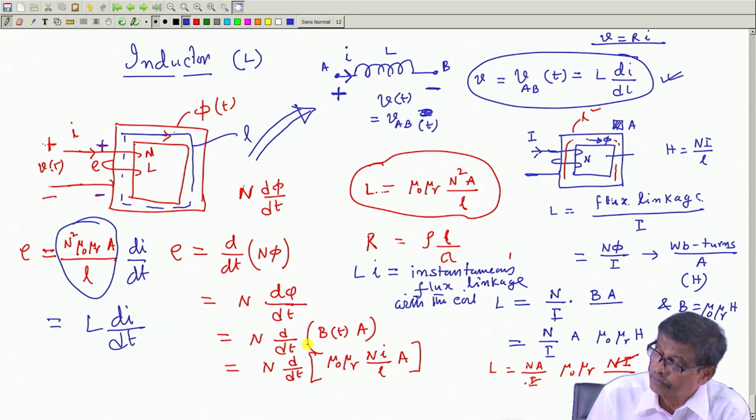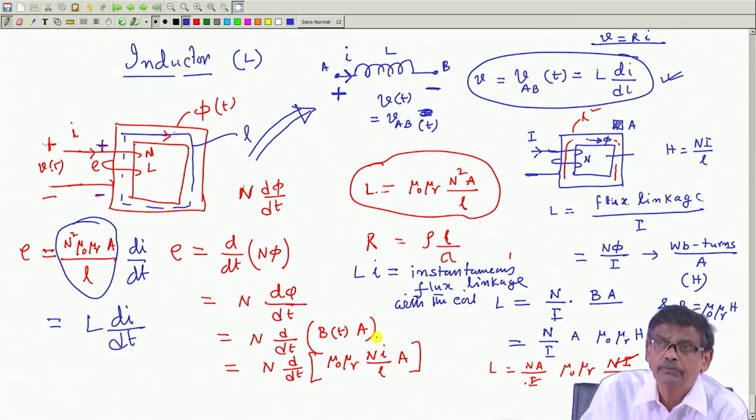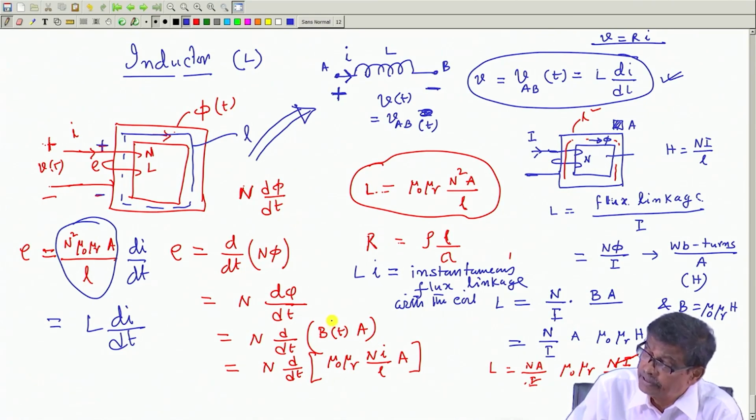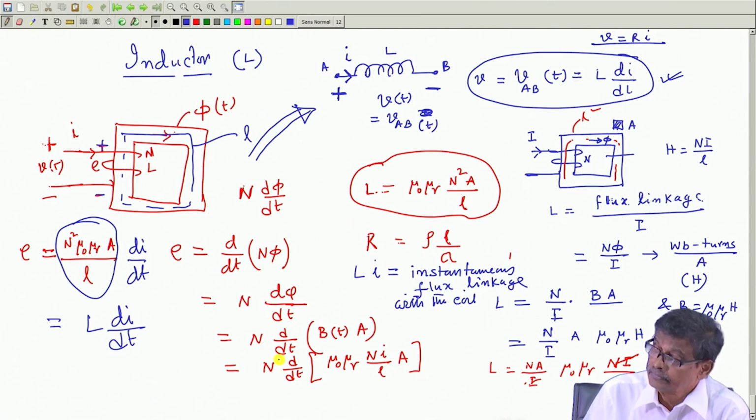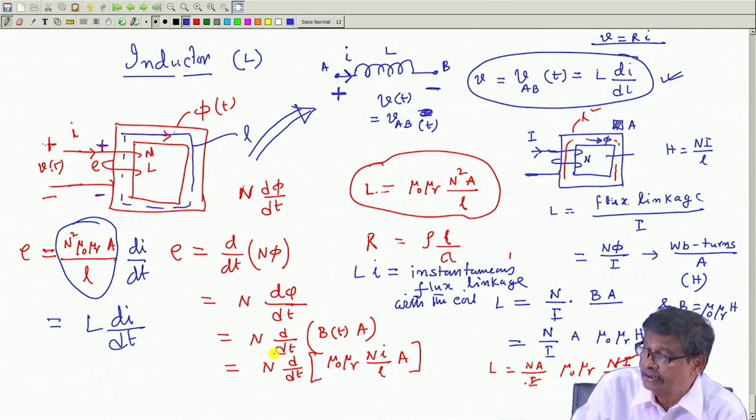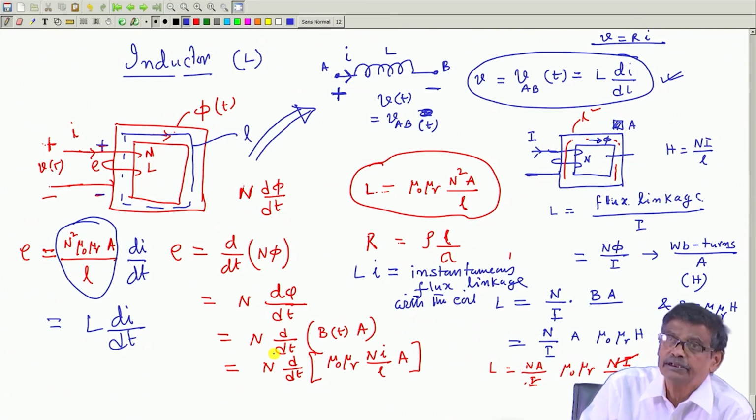What is the implication of that? If you know the present value of the voltage, to find out the present value of the current, it will not be of the same shape as that of the voltage, because there is dI/dt. From that you have to integrate and get the value of the current.